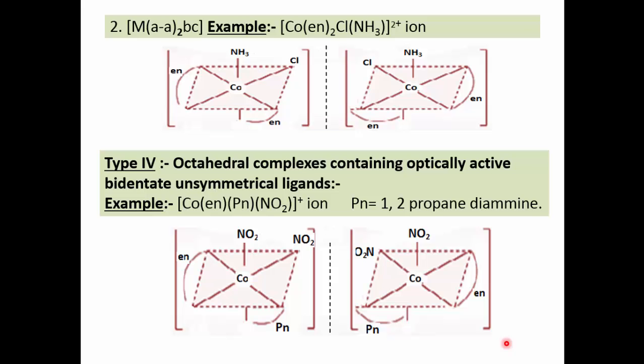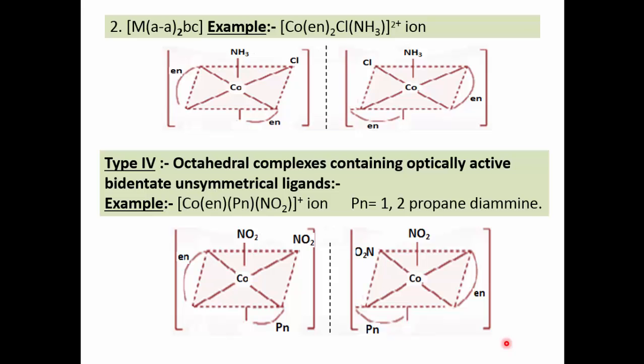Remember well, in square planar complexes there is only one coordination compound which shows optical activity. And then we have discussed optical isomerism in octahedral complexes, that means complexes with coordination number 6.